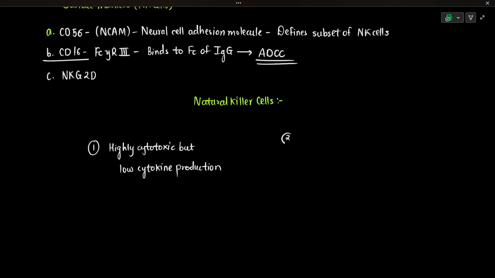Whereas the other subtype, the other natural killer cells, have high cytokine production, but cytotoxicity is low.